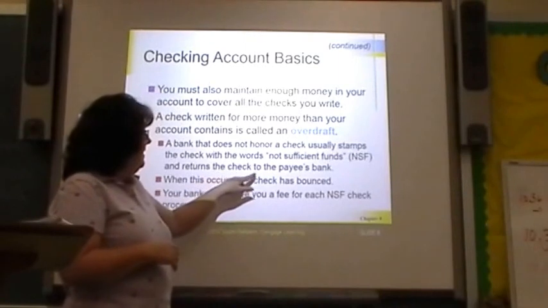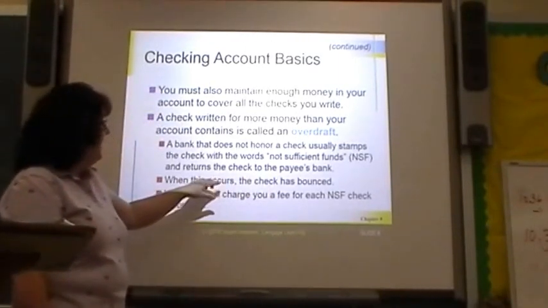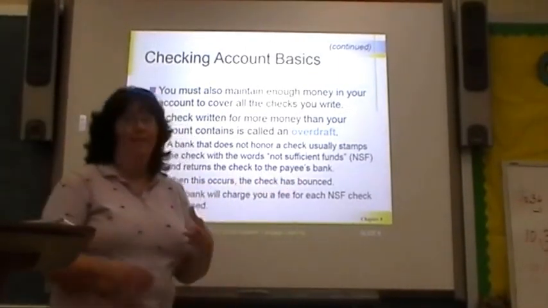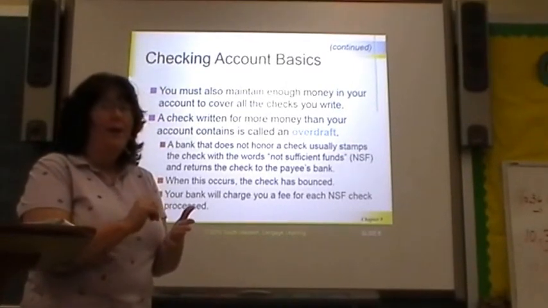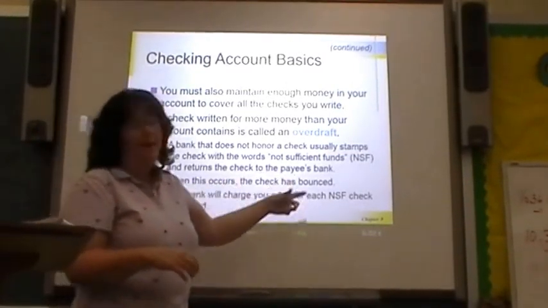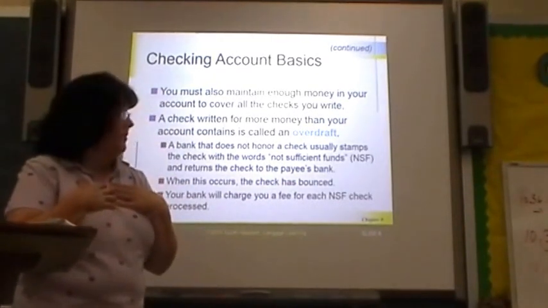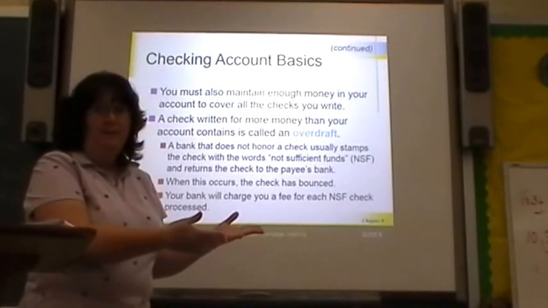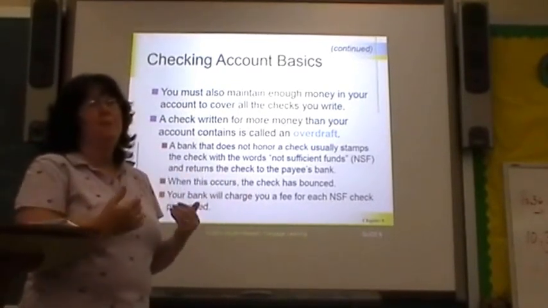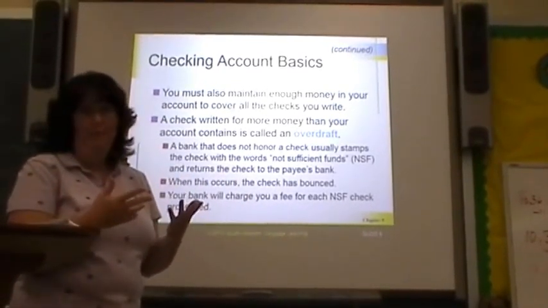What this means is, if I'm writing a check to Appalachian Power, they would be the payee, and I would be the payor. Appalachian Power's bank is BB&T. BB&T sent it over to Smith River Bank, which is my bank.